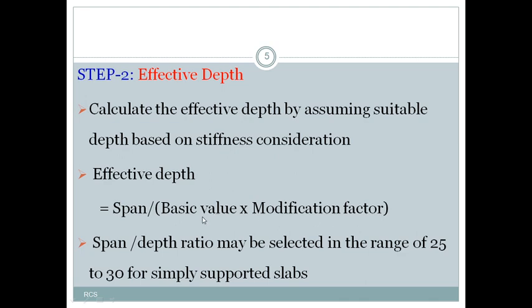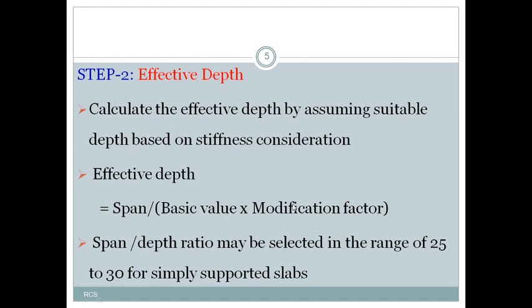The basic value can be obtained based on the type of beam, the modification factor we have to assume, and the span we have already calculated as the effective span in our previous step. The formula is derived like this: L by D is equal to the basic value, so D is equal to span by basic value, but the basic value must be multiplied with a modification factor.